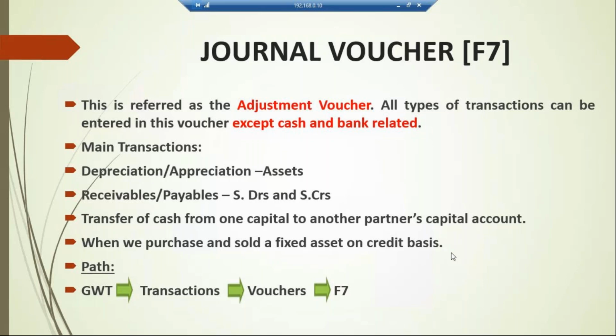I don't think you have any query regarding the meaning of depreciation and appreciation, receivable and payable. If you have any query, let me know. We'll have a discussion on that particular point. No one? Fine.